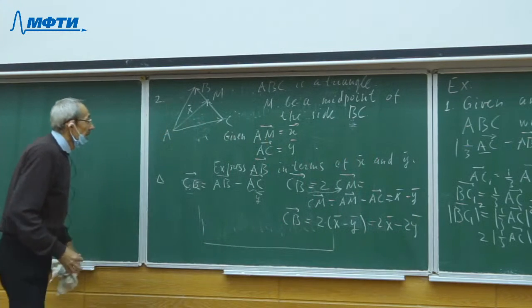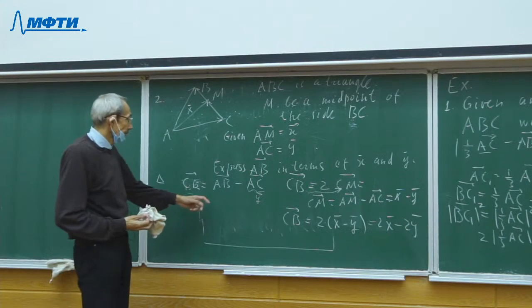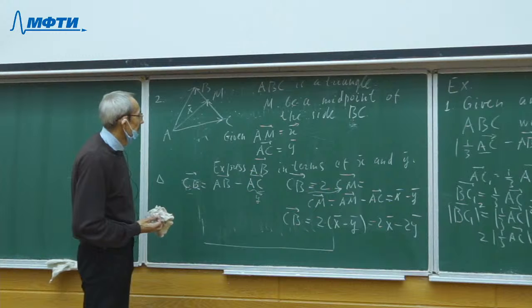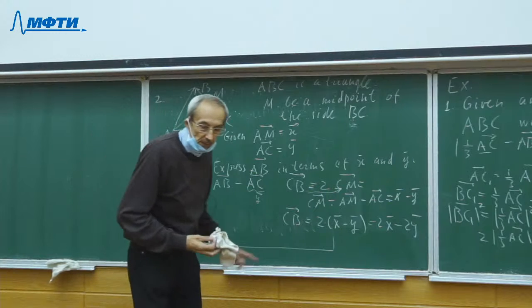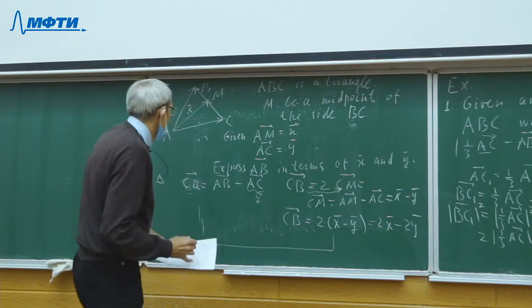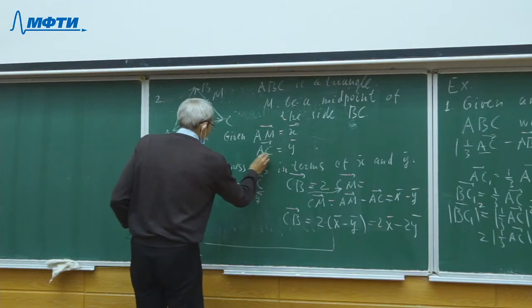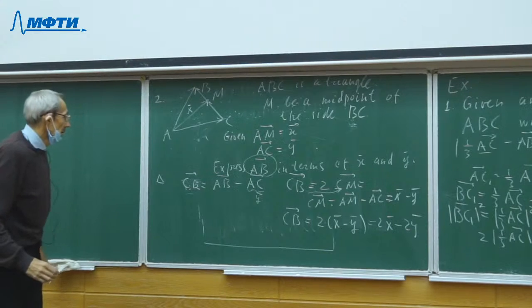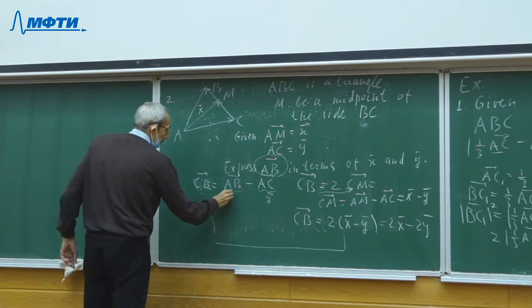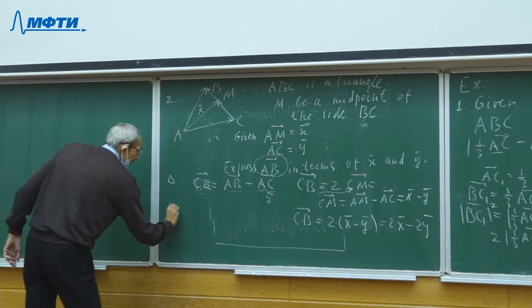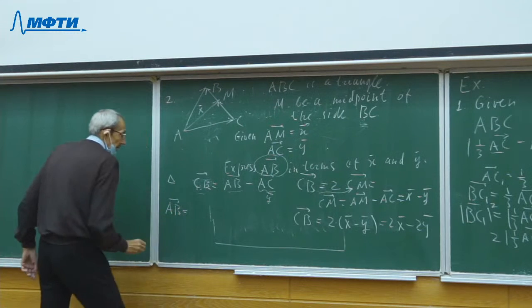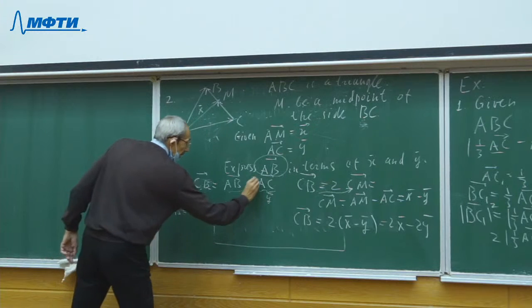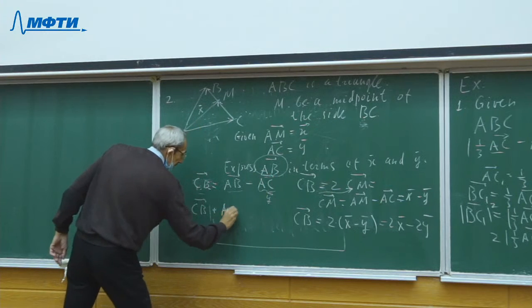Okay, and the question is AB. Using this expression, we can express AB as the sum CB plus AC.